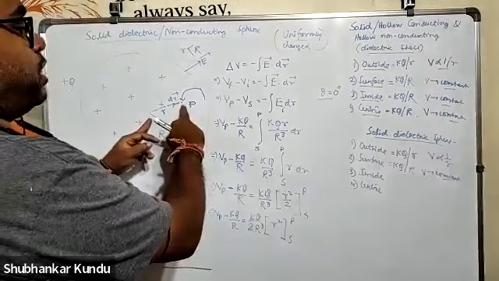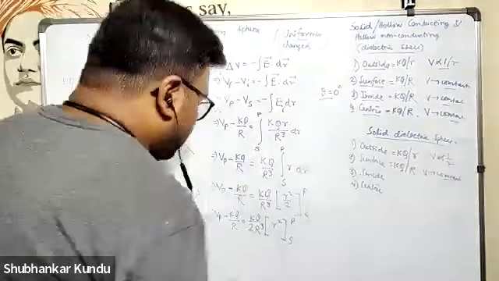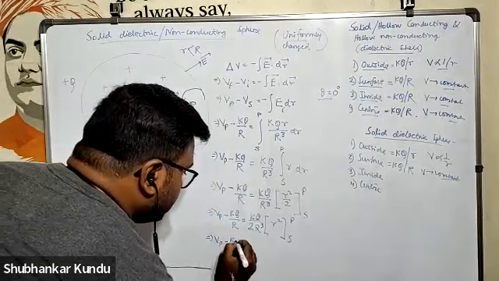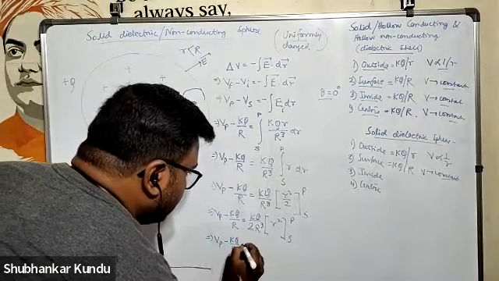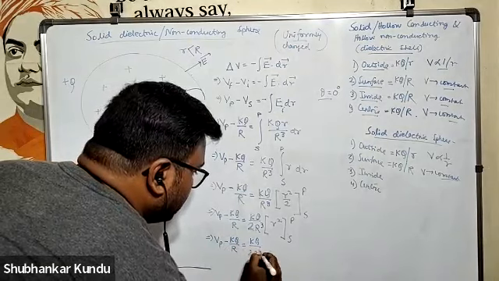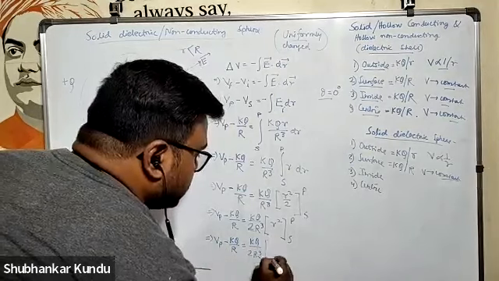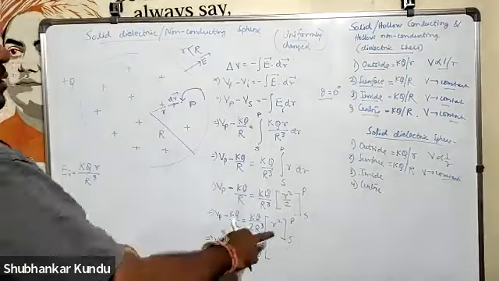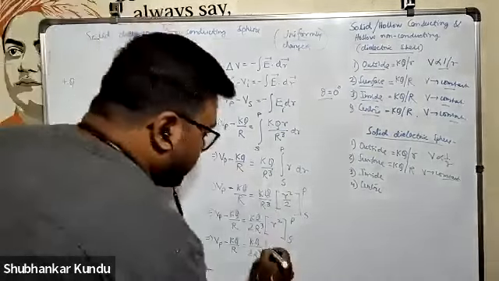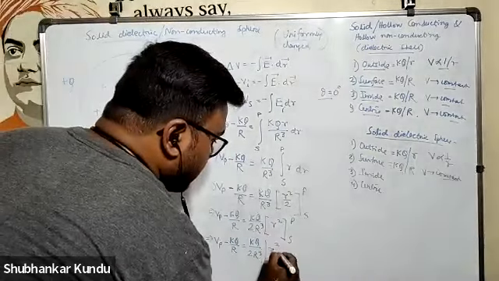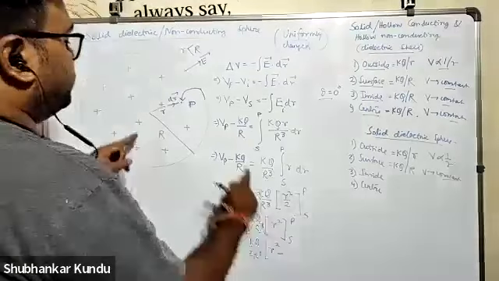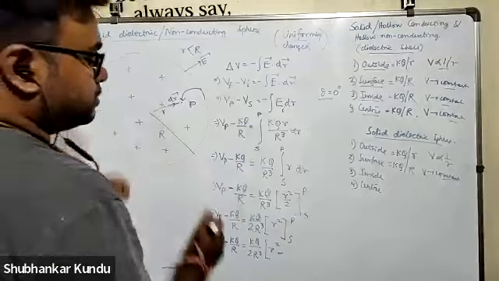Smaller r, right? So Vp minus KQ upon R is equal to KQ upon 2R cube, into small r square, minus the value of the distance of the surface from the center, which is capital R, the radius.